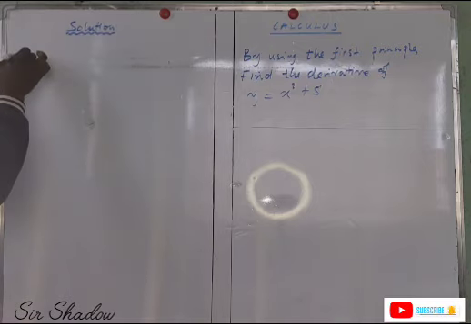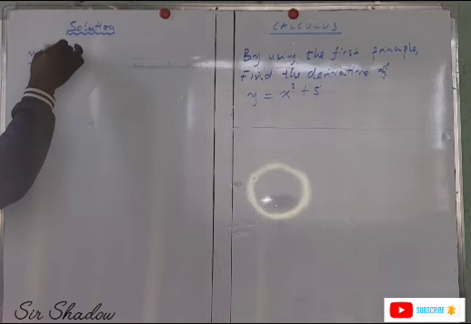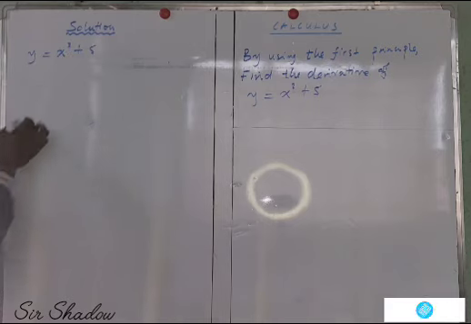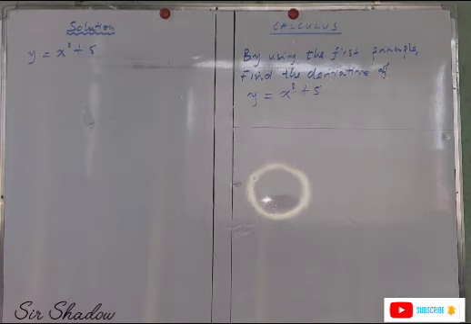We're given the function y is equals to x squared plus 5. For us to find dy dx, remember we want to find dy dx.